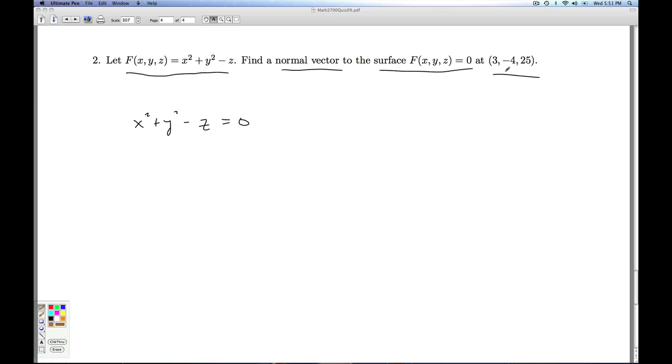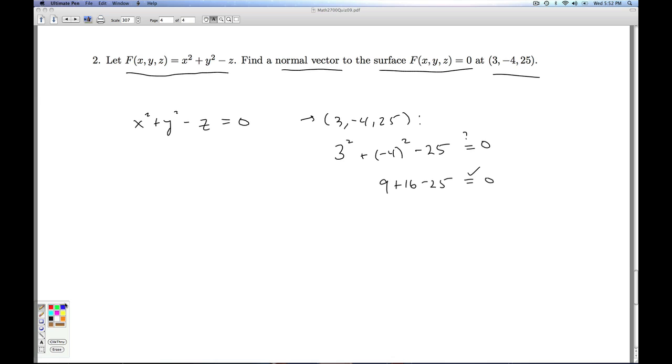And as a quick check, if we plug these numbers in, if I look at 3, negative 4, 25, sure enough this is on the surface because 3 squared plus negative 4 squared minus 25, is that equal to 0? Sure enough it is. So that works. Okay, so this describes a surface. We're asked to find a normal vector to the surface at that point.